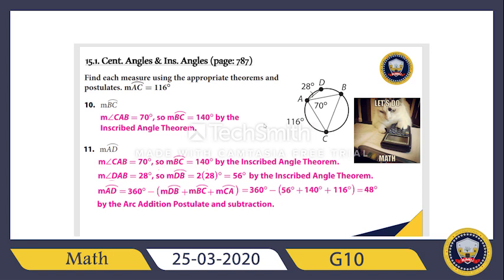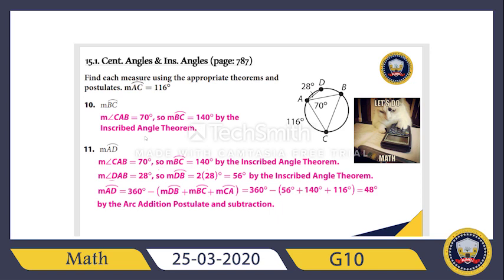Let's start from BC. How can I find BC? It is an intercepted arc, and its inscribed angle is CAB. Since CAB is 70, the intercepted arc measures double 70, which is 140 degrees. So the arc BC has a measure of 140 degrees by the inscribed angle theorem, of course.